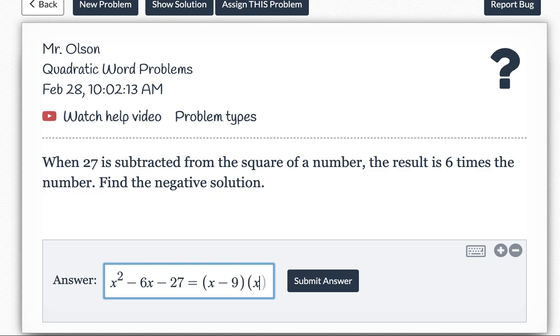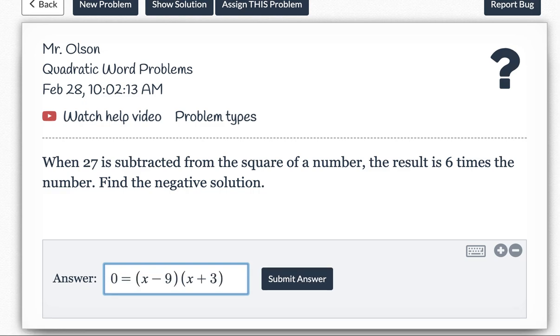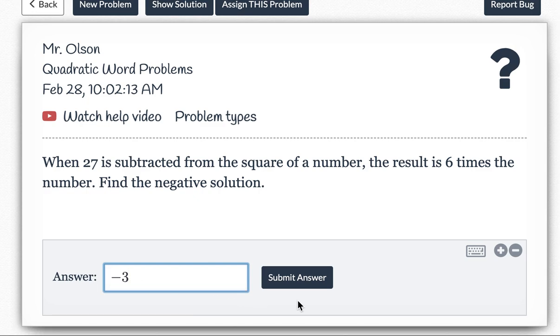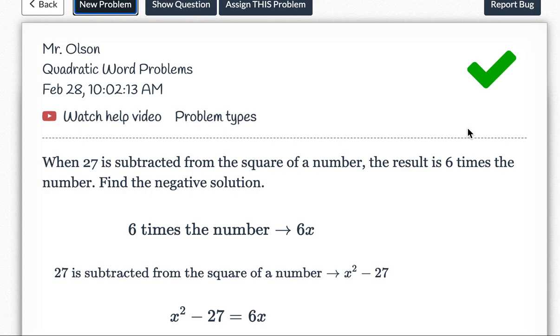I'm just factoring that. Remember, that equals 0. When is this equal to 0? When x is positive 9 or when x is negative 3, and they want a negative solution. So I'm just going to type in negative 3 and submit my answer. Okay? So good luck with that. It should go quickly.